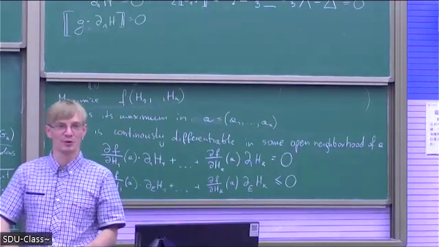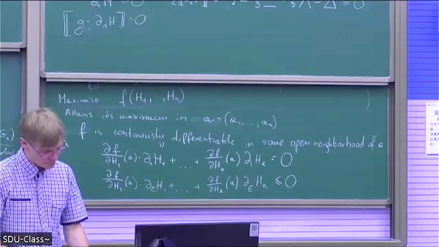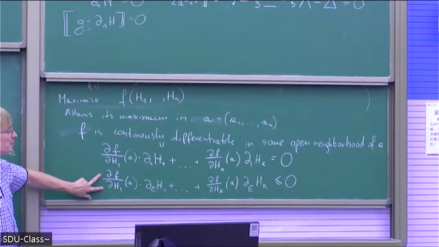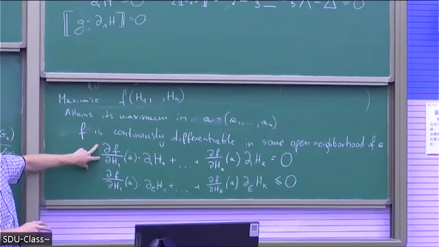I cannot gain when I'm maximizing and I'm in the maximum point. And this must hold for every placement of the root, like rooted edge, and every placement of the root.